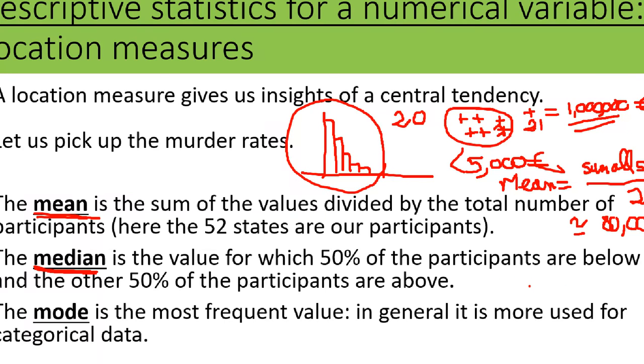Because here the median is the value for which half of your group is below, okay? So you know that half of your group will earn less than 2,200 euros.